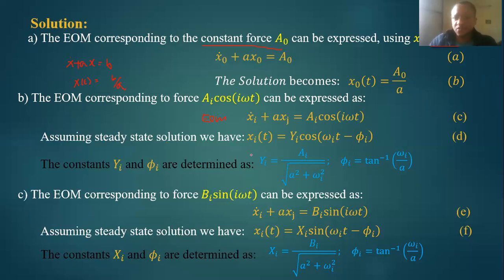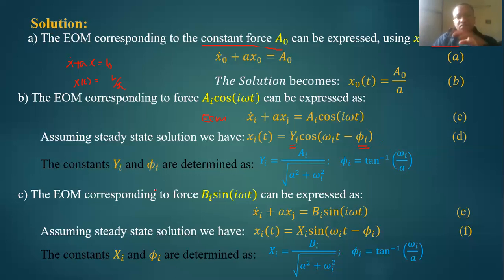We already discussed a lot of topics before, so you can consider from that. Here Yi and phi i are the amplitude constant and the phase constant. So Yi is equal to ai over the radical of a square plus omega i square, and phi i is equal to tan inverse of omega i over a.